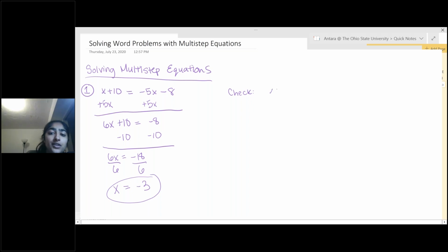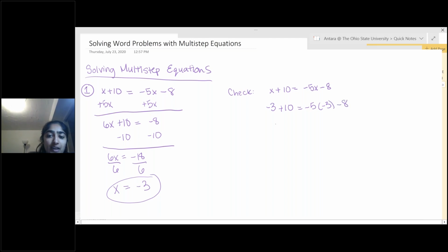Our original equation was x plus 10 equals negative 5x minus 8. So here we can plug in negative 3 plus 10 equals negative 5 times negative 3 minus 8.